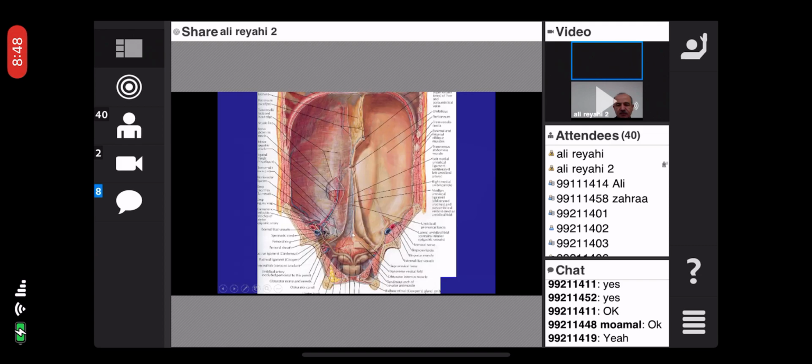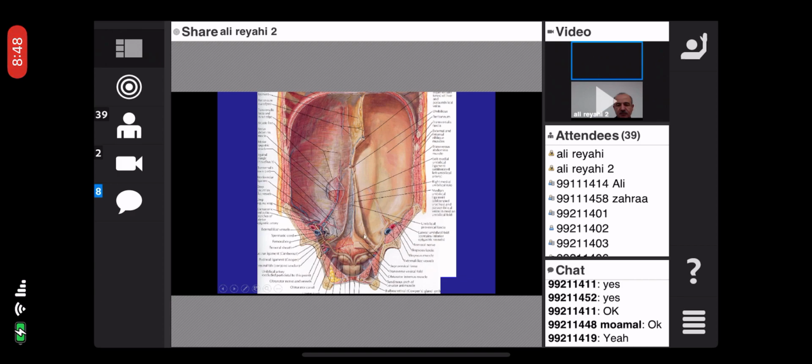Okay, in this picture you can see again, for example, in this slide, on the right side you can see the peritoneum, and on the left side the peritoneum is removed, and you can see the median umbilical fold, medial umbilical fold, and lateral umbilical fold.